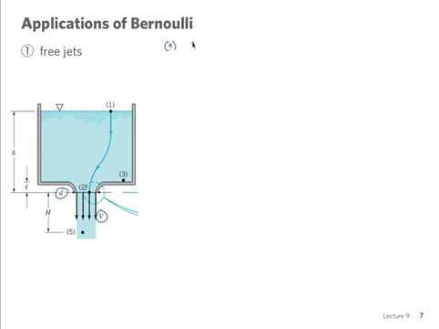In point 1, we are at the water surface, and as indicated by our little triangle there, this is at atmospheric pressure. It also has no velocity. Point 1 is just sitting there in the surface.